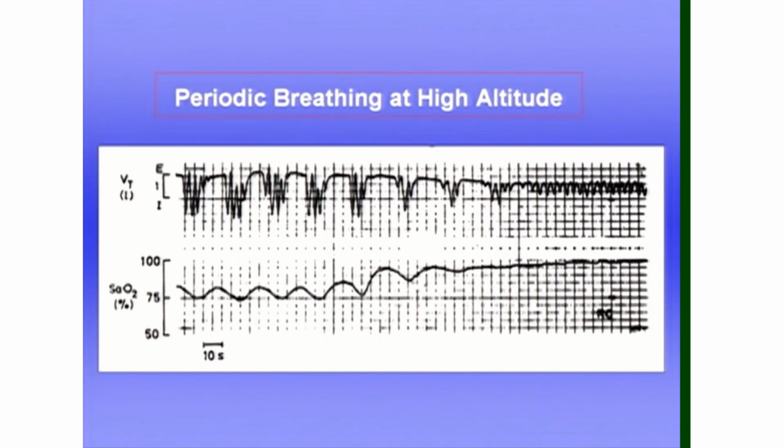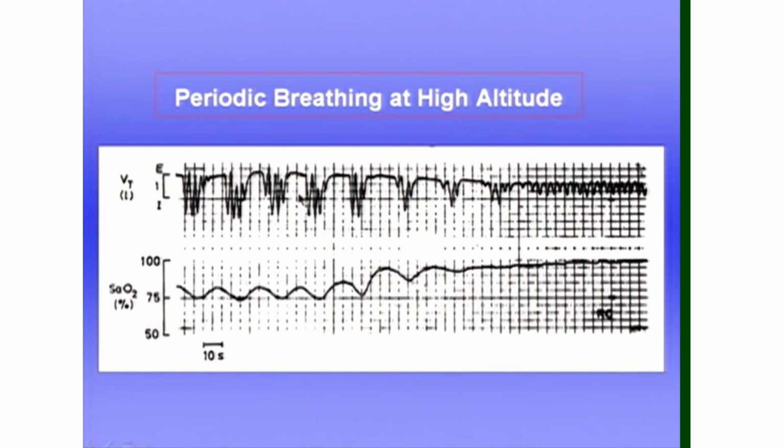Then after a series of big breaths, there's a period of apnea, which may last 10, 15, even 20 seconds. And if you happen to be at high altitude and you're sharing a tent with somebody who shows this, it's rather alarming, because after a few breaths he stops breathing, and you wonder, is he ever going to start again? But after 10 or 15 seconds, these enormous big breaths occur. So this is called periodic breathing.